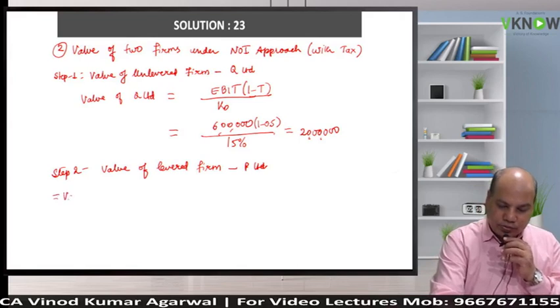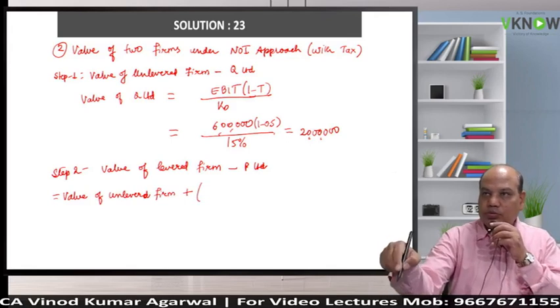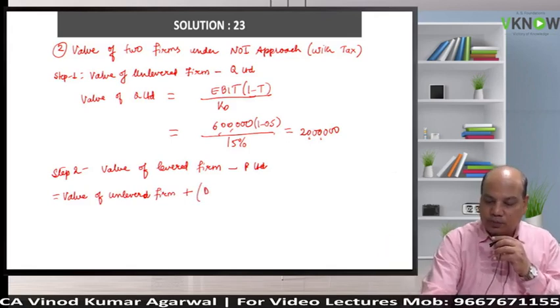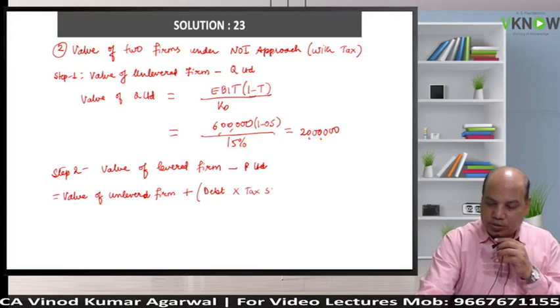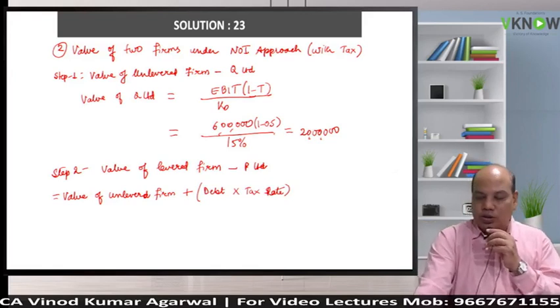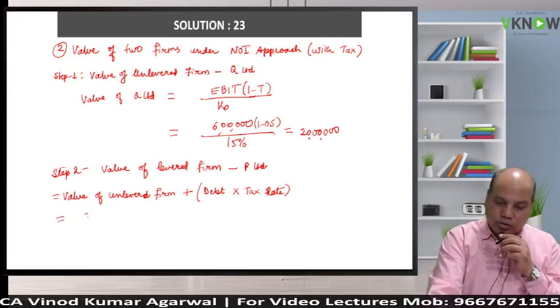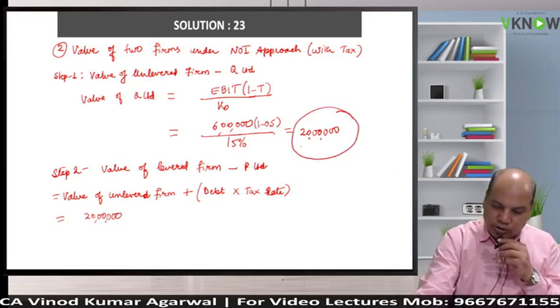It is equal to the value of the unlevered firm, plus the present value of tax shield on interest, which is debt into tax rate. This debt into tax rate is the present value of tax shield on interest that I have given you today in the summary. So the value of the unlevered firm, already calculated above, is 20 lakh. Same figure, you have to copy it here.